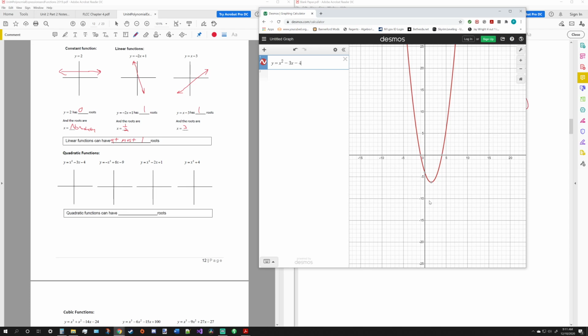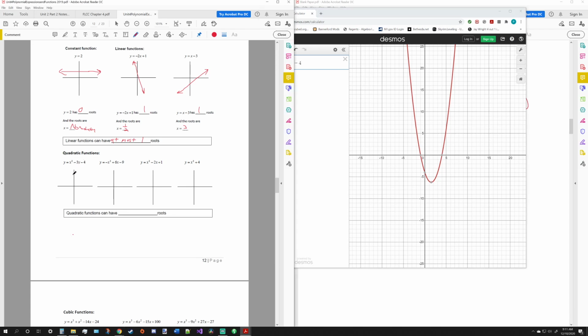And I'm going to find the key features here. It looks like there's an x-intercept or a root here at negative 1 and at 4. The minimum is over here, and our y-intercept is -4. So we just want to sketch these main features so that it looks approximately the same. So maybe something like that. I don't know. It's not very easy to draw on this thing.